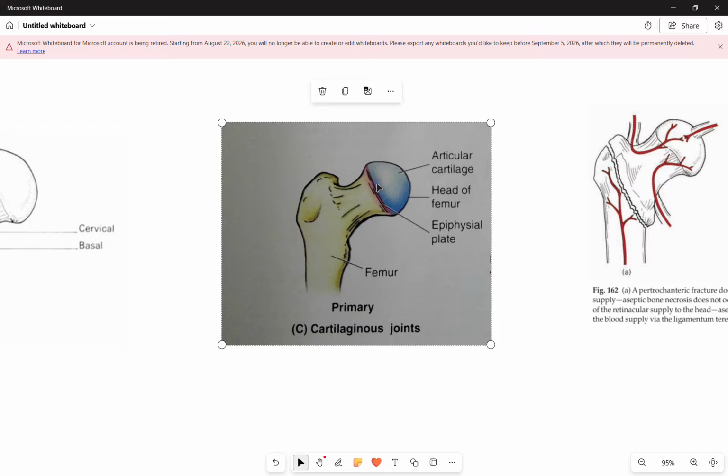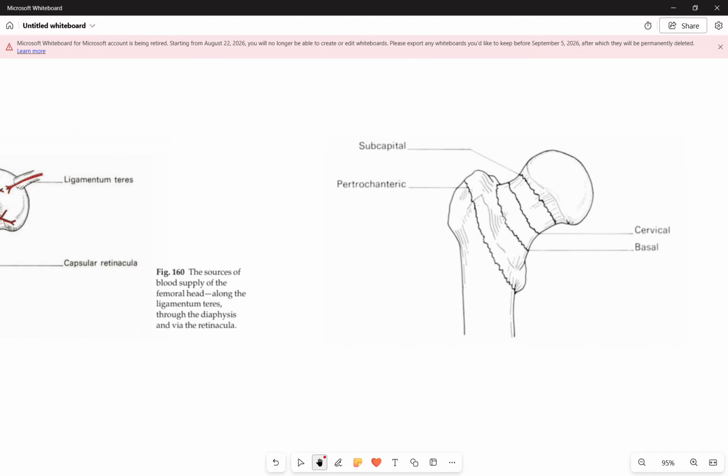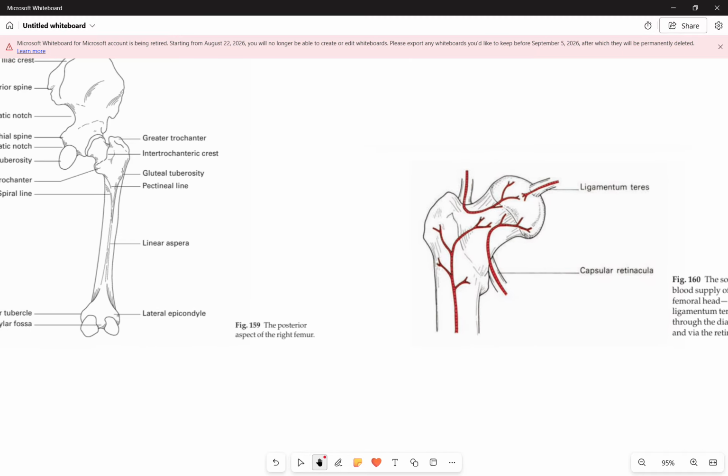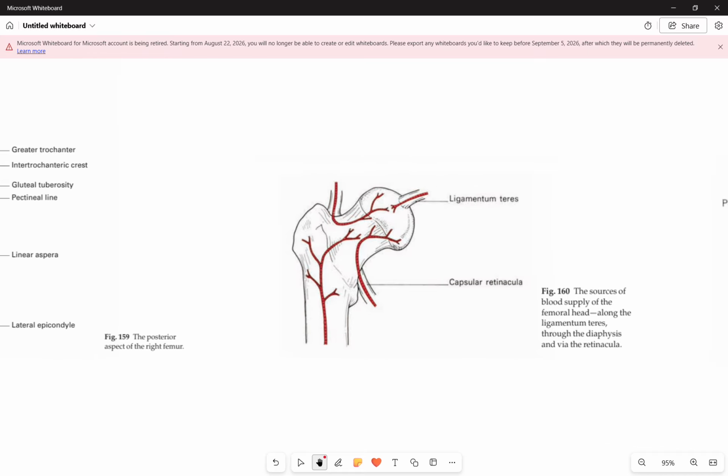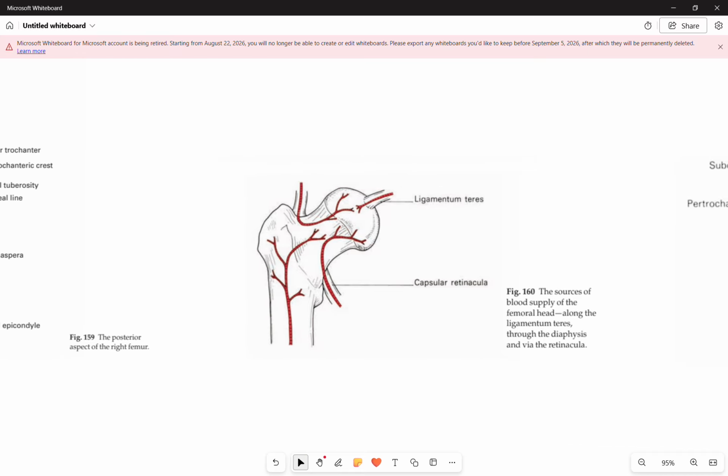And if this is not detected, the head will not get the blood supply and will undergo necrosis, will die off. That is known as avascular necrosis. So the head is very important by way of blood supply.